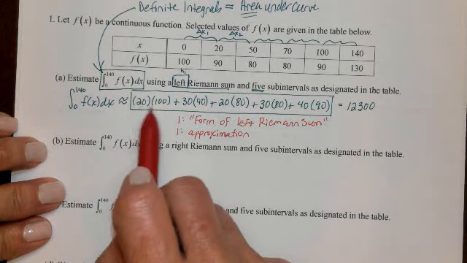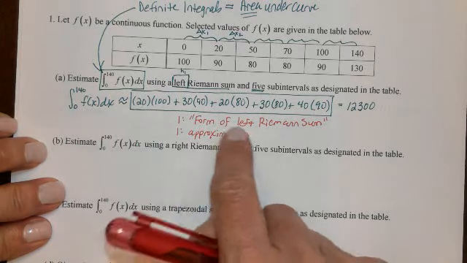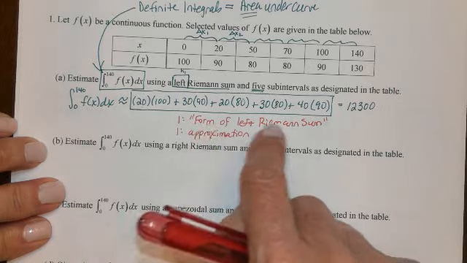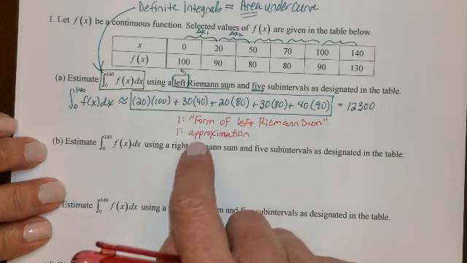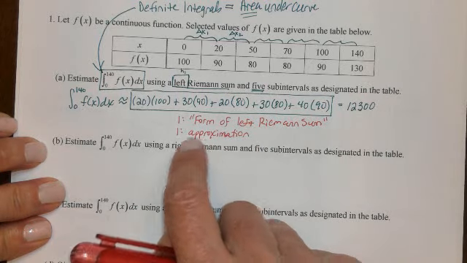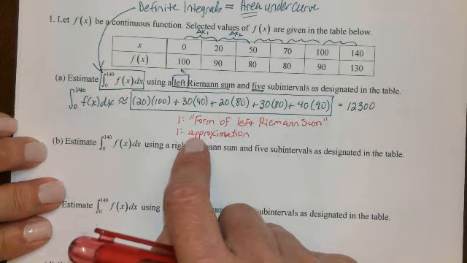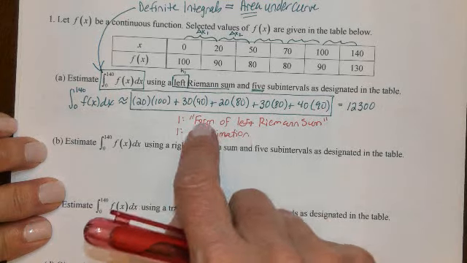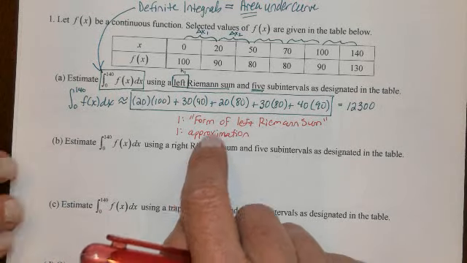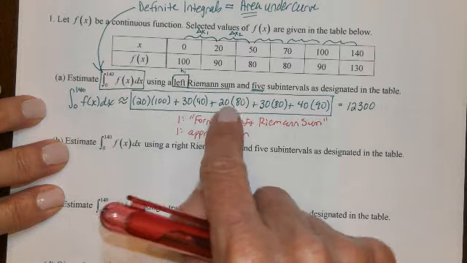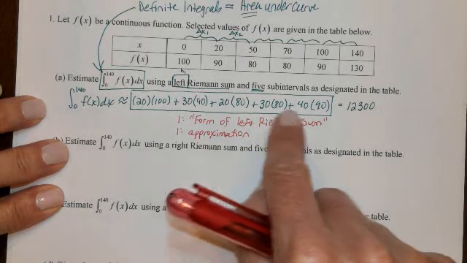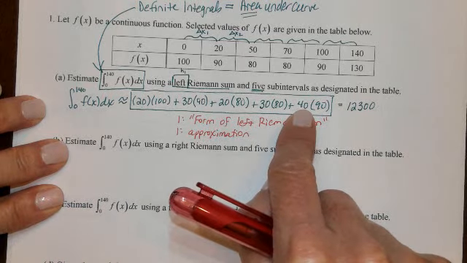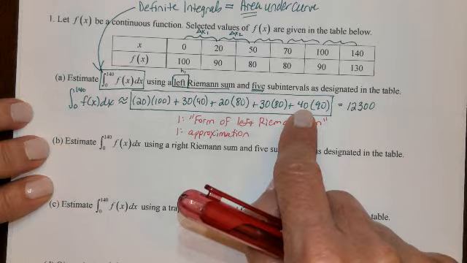If you write 2,000 here, you lose this point for the form of the Left Riemann sum. You might get the point for the approximation, but you lose the point for the form, okay? So write these numbers out, all right? They need that. They need to see that. Therefore, I need to see that.